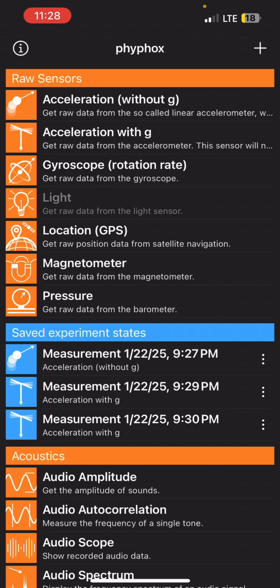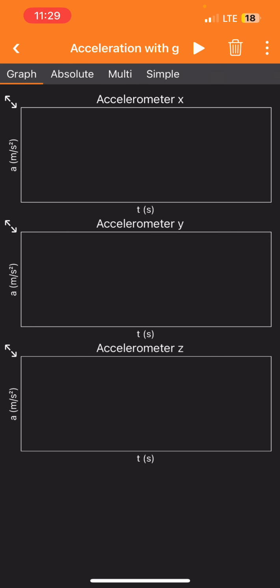Then I'll do an experiment the same way, sliding my phone across the table and seeing the acceleration in the X, Y, and Z axis. Finally, I'll be tilting my phone in place in my hand, and I'll see the similar X, Y, and Z accelerations.